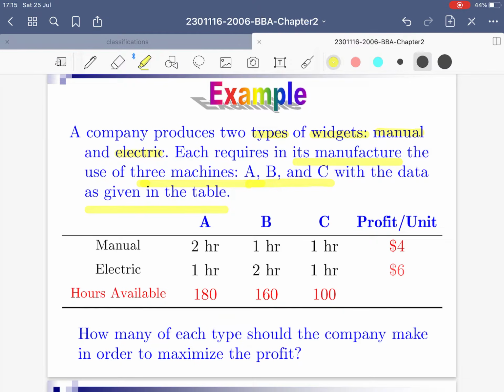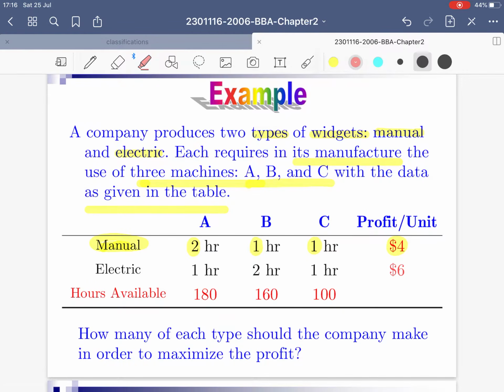For 1 unit of the manual widget, you need machine A for 2 hours, machine B for 1 hour, and machine C for 1 hour. The profit of the manual widget is $4 per unit.